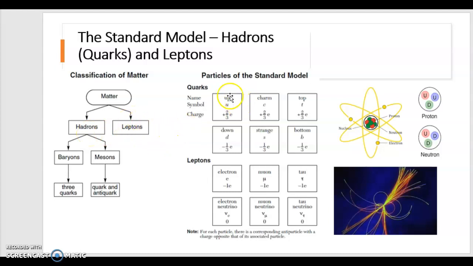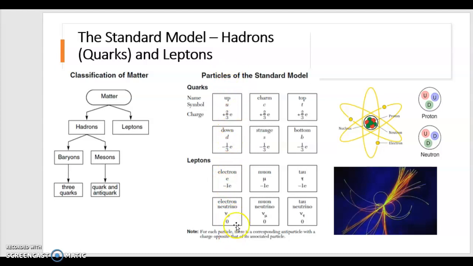Okay, so our quarks, and we spoke about how the up and down quark make up protons and neutrons, and the leptons are comprised of the electron and the neutrino. Okay, and all those are here in this first column.